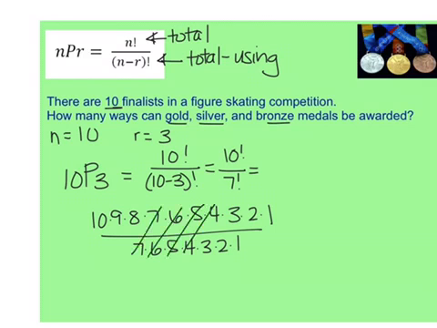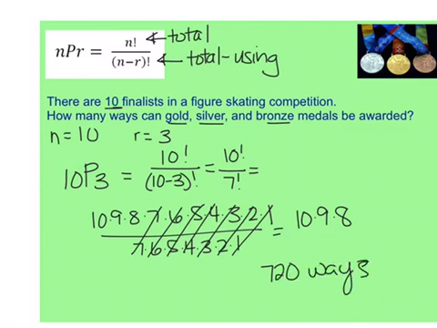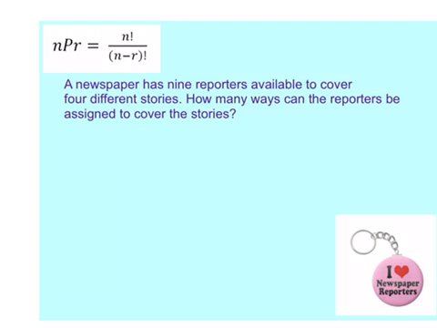Cancel things off, which makes my situation a little nicer here. I have 10 times 9 times 8 left. When I do that, I am getting 720 ways that we can pick 3 people to win gold, silver, and bronze from 10 total.